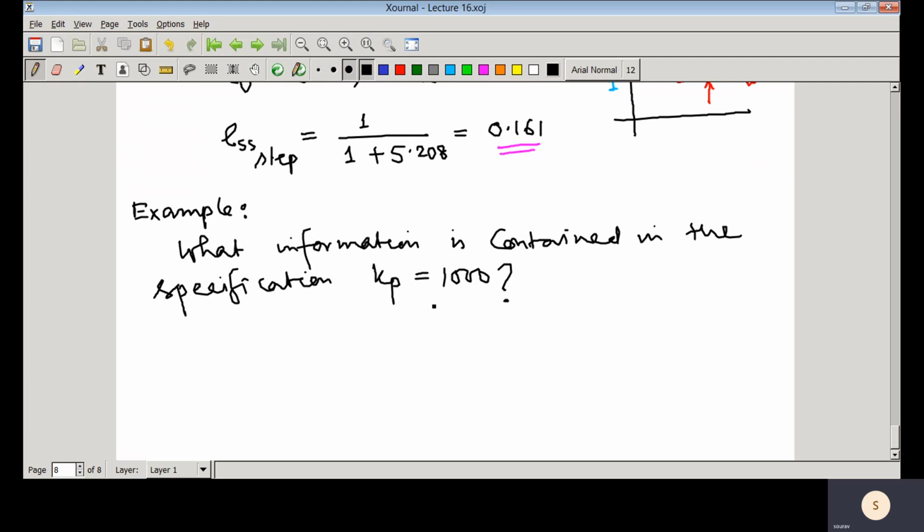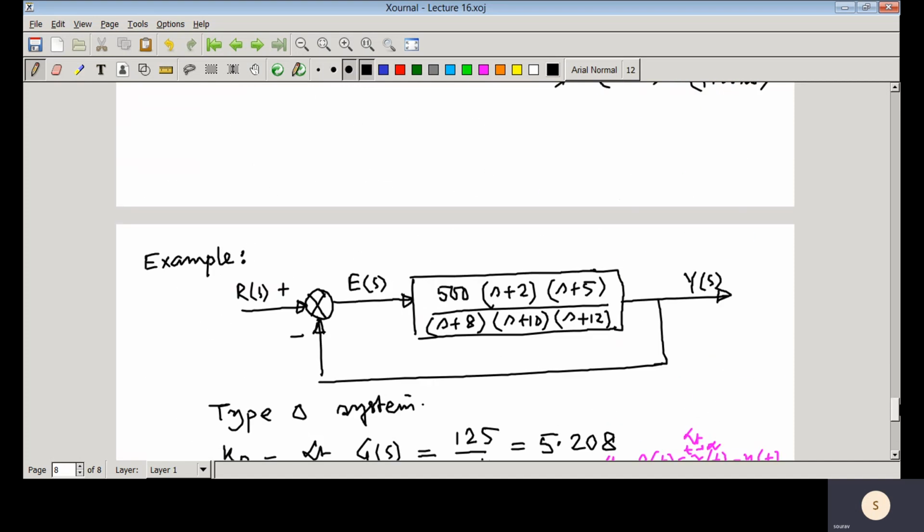Whenever we define those constants, we assume that the system is stable. So the first information is that the system is stable. Those constants are only valid for a stable system. The second thing is that Kp is finite.